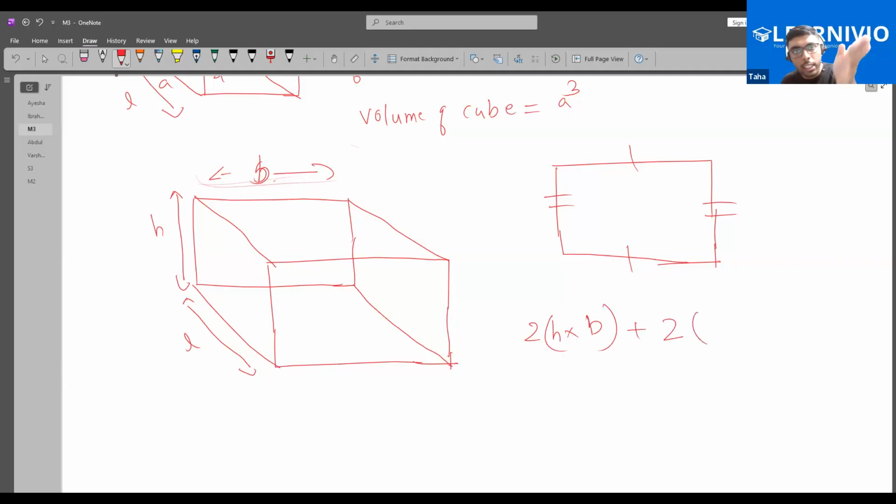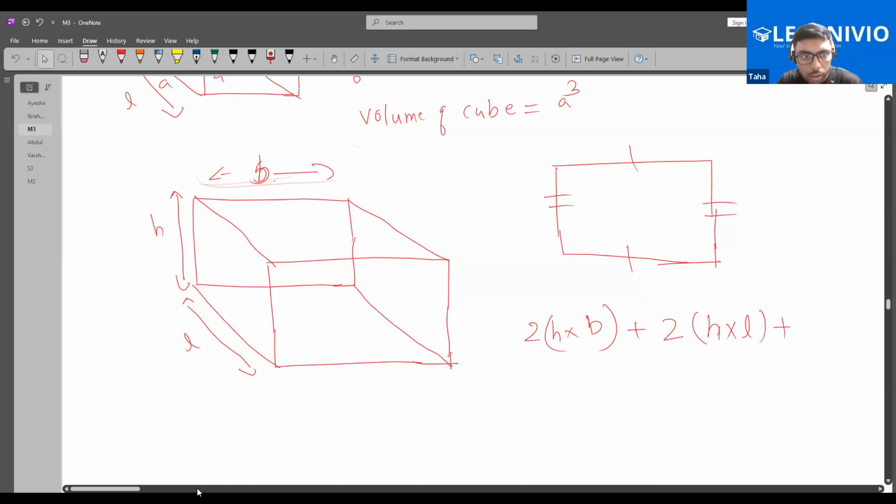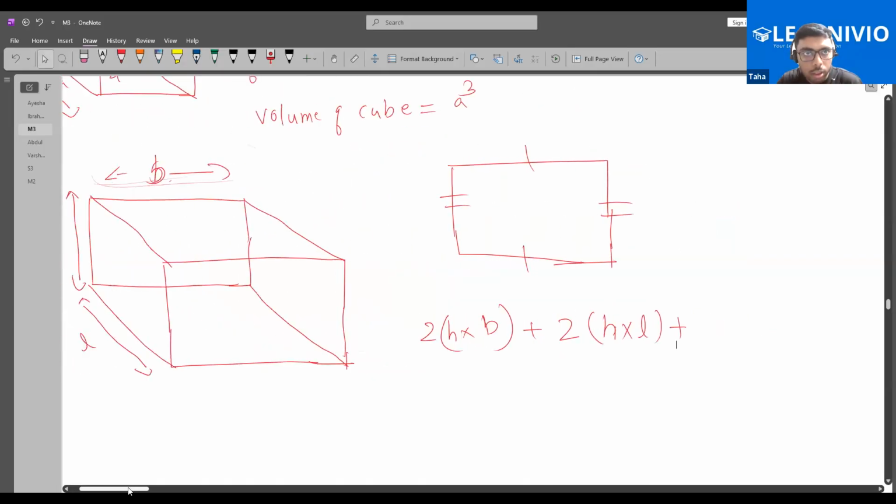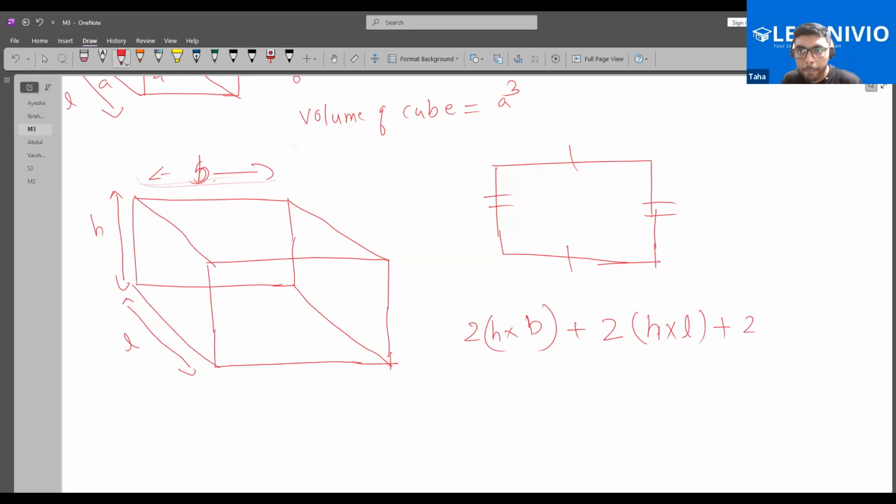Then there are two rectangles that are the same laterally. So if laterally we are calculating, that would be 2 times h into l, right? And then there are two rectangles on the top and bottom. On top and bottom, we have the same rectangles, so what would the dimensions of that be? 2 times, this is going to be breadth, and this is going to be length, so 2 times b into l.